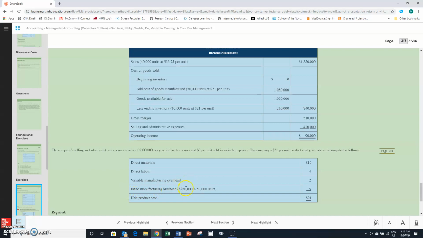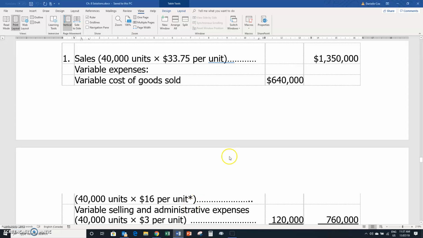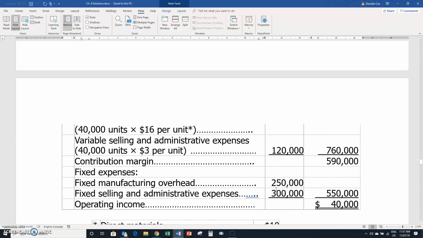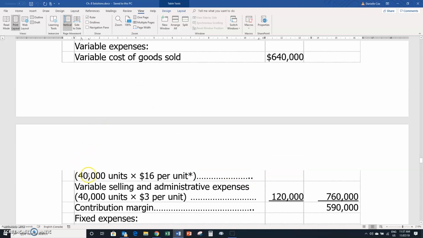We take that full amount and divide it by the number of units to get an amount per unit. Under the variable method, we do not do that. It's just direct materials, direct labor, and variable manufacturing overhead. So it's just the 10 and the 4 and the 2 for 16. So our variable cost of goods sold is 40,000 units sold at $16 per unit, which is $640,000.